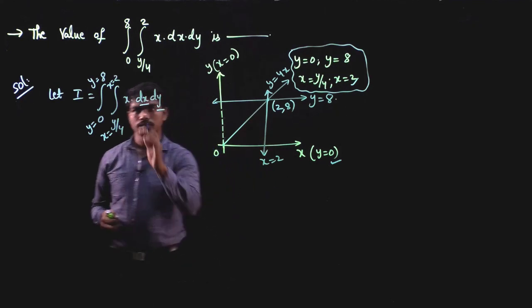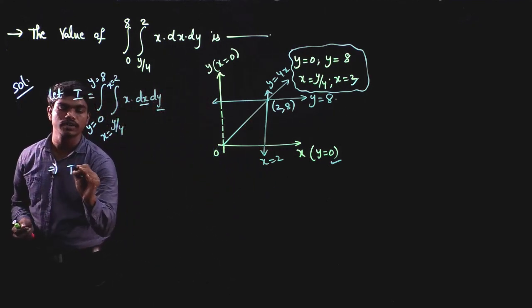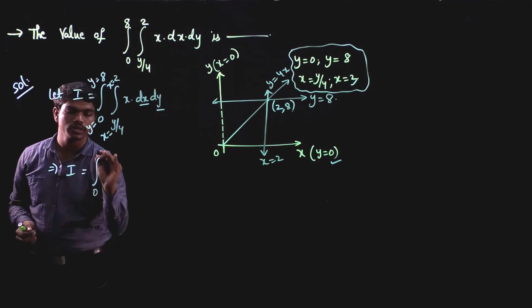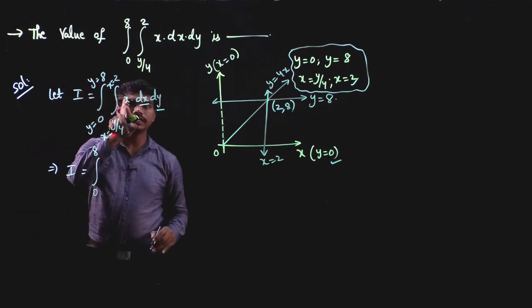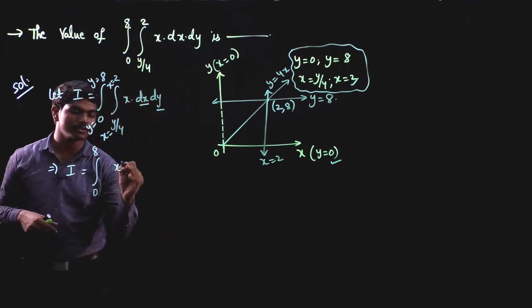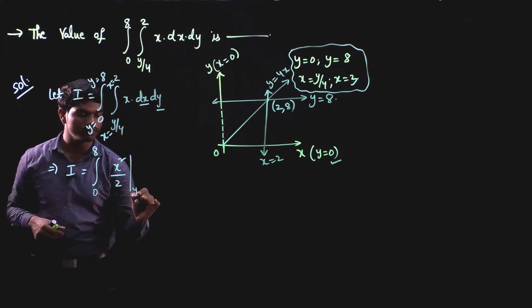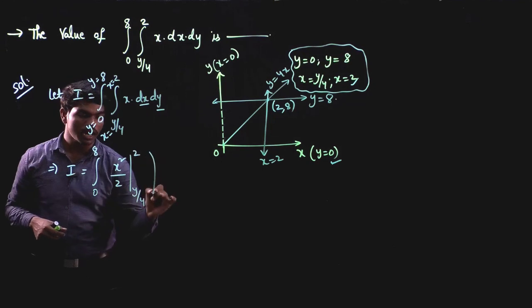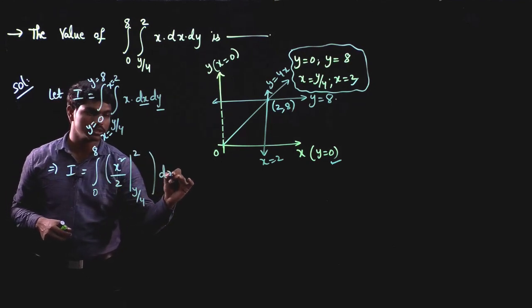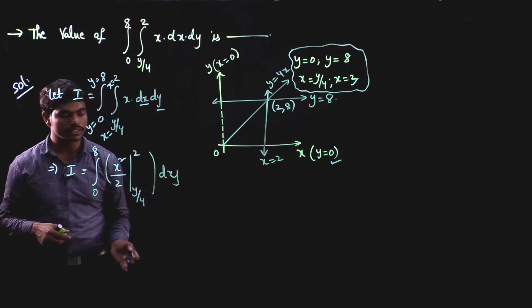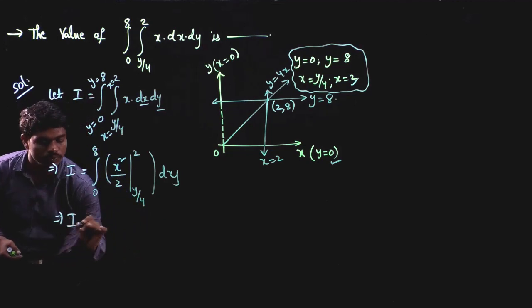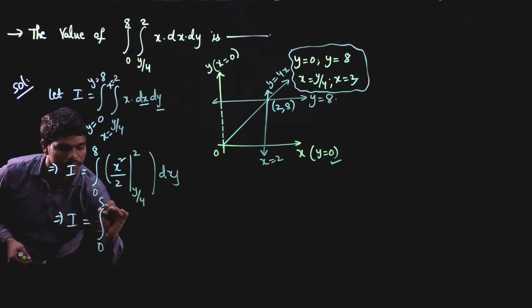Correct? Now if you evaluate this integral, I is equal to integral 0 to 8. We are integrating x with respect to x, so the integration of x with respect to x is x square by 2 within the limits y by 4 to 2, and this whole dx dy. So I is equal to integral 0 to 8.